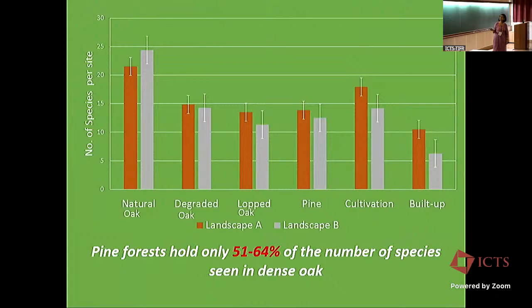And built up areas, which are areas with a lot of human habitations, tourist resorts, and so on, have the fewest species. The way that we can conclude this is because the sample size is very similar across all of these land use types. The amount of time we spent in each of these is the same. So everything else is standardized. All you're looking at is the final species number over many replicates.